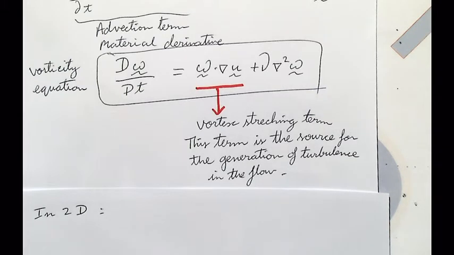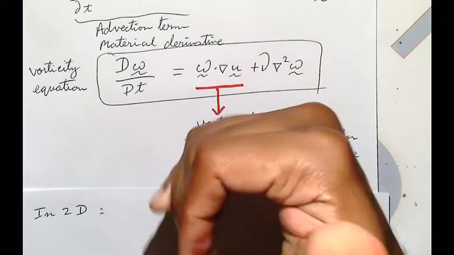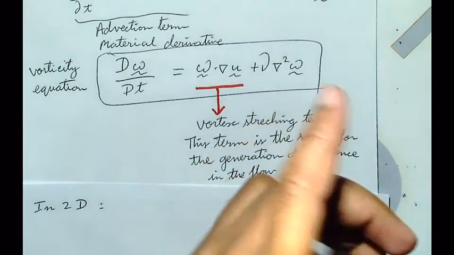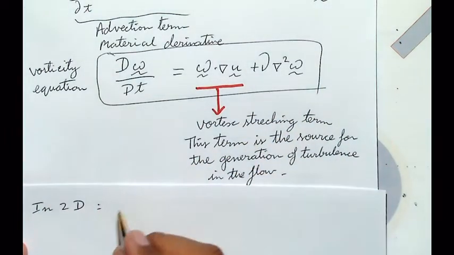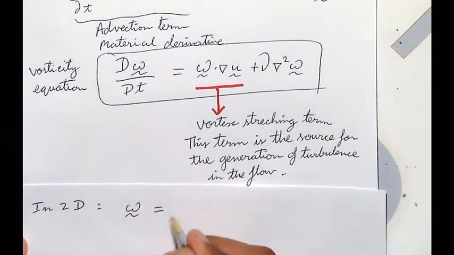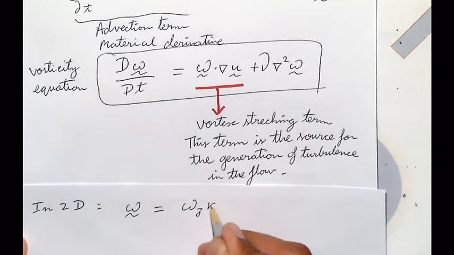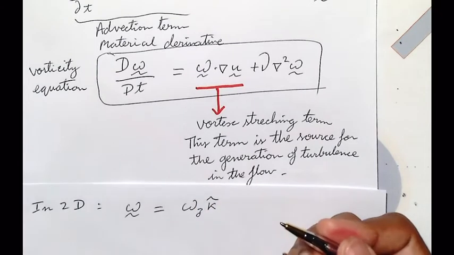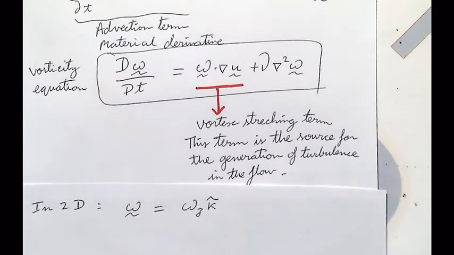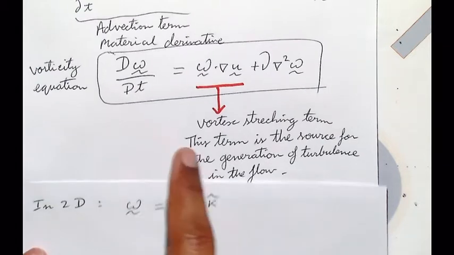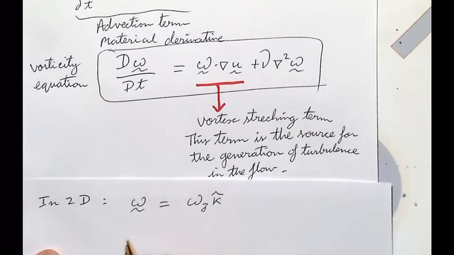In 2D, omega has only one component, either out of the plane or into the plane. So the omega vector actually becomes omega z times k, and it's a scalar, not really a vector. If we compute this omega dot nabla u, intuitively, can you say what will happen?